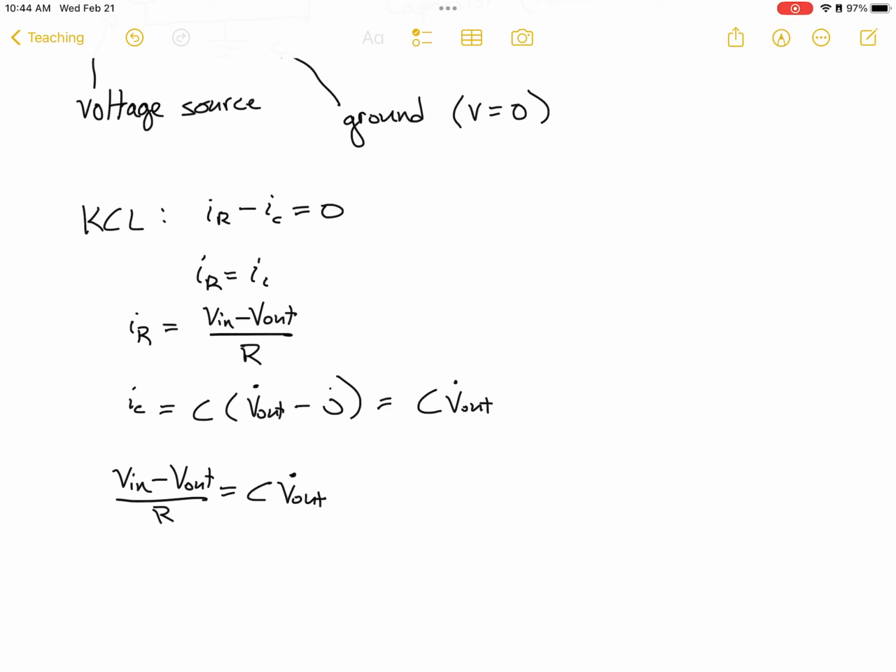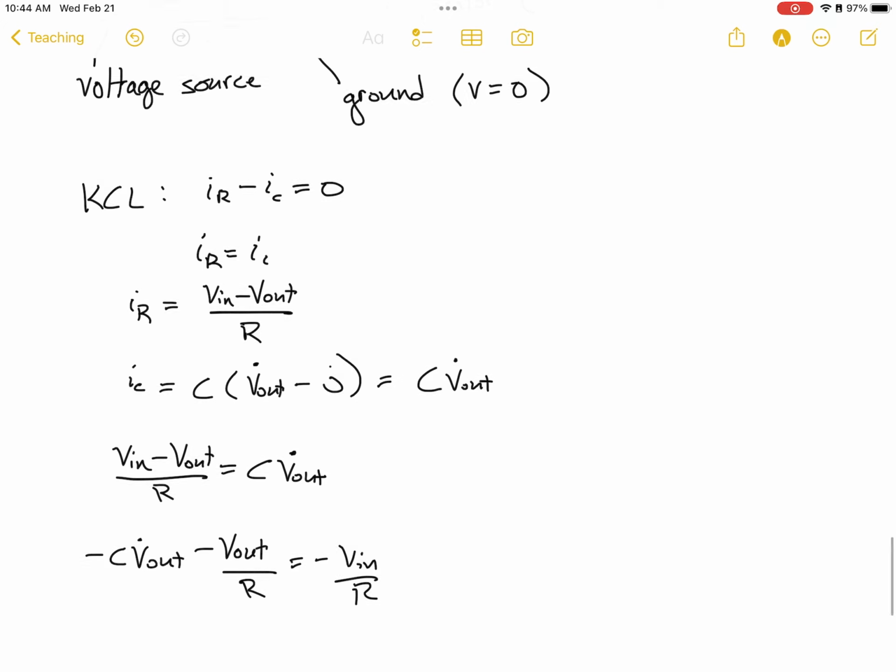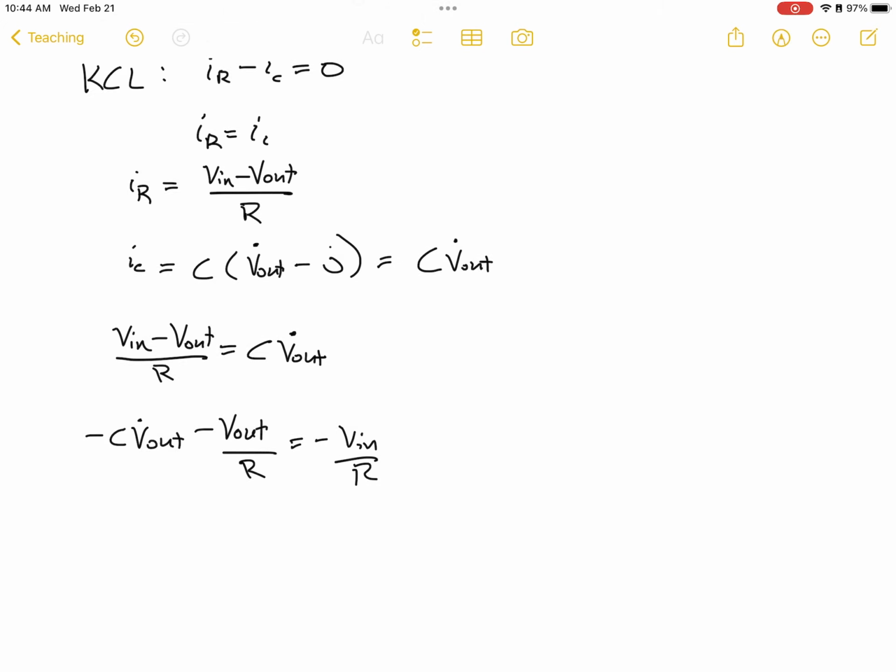So I've got something like minus C V out dot minus V out over R equals minus V in over R. I'll go ahead and get rid of the minus signs and multiply by R so I don't have any fractions to deal with.